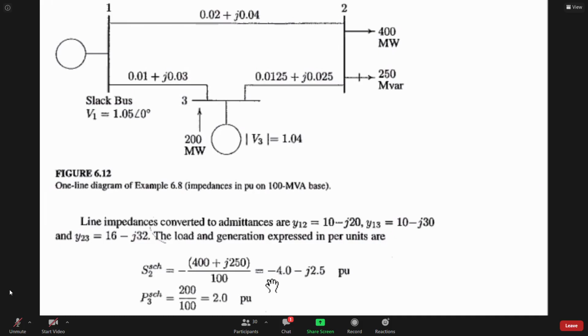Okay, the load bus will have a negative sign for the scheduled power in terms of complex power. And P3 is also here, you can see what the value of P is. It is positive, right? If it is a load bus, in that case it will be negative. Right. As it is the generator or regulated bus, it is positive. Otherwise, it should be negative.